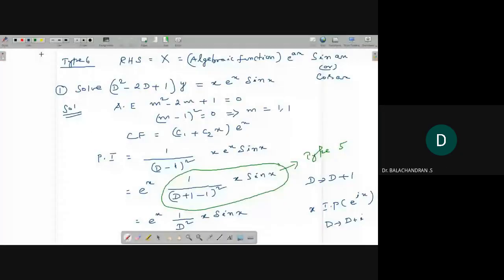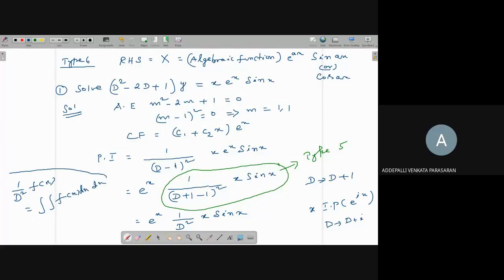That's why 1 by d square into f of x is equal to double integral dx dx. Okay, sir, got it. Sorry, sir. Okay, it's okay. At least you are asking some question. Okay, I'm very happy.